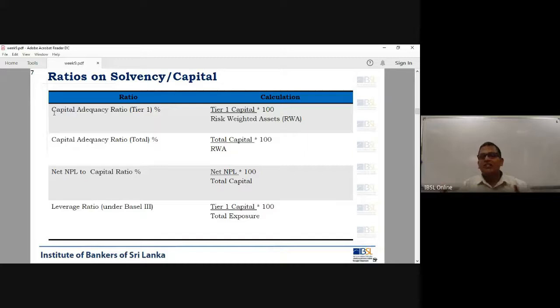Based on that calculation, they derive the risk-weighted assets. Then based on the risk-weighted assets, they say, okay, this much capital you have to keep. It doesn't matter whether it is the largest bank or a small bank.